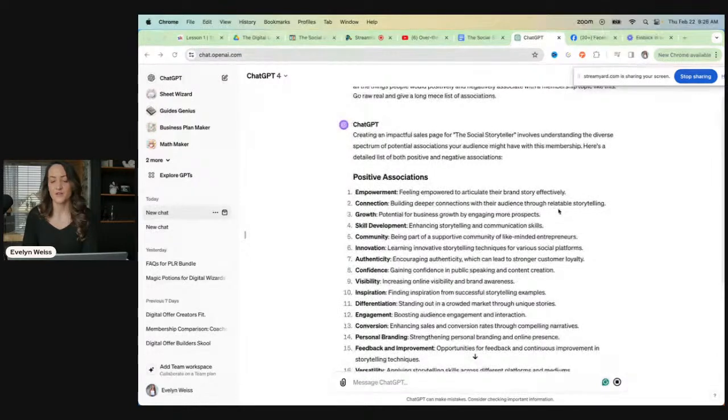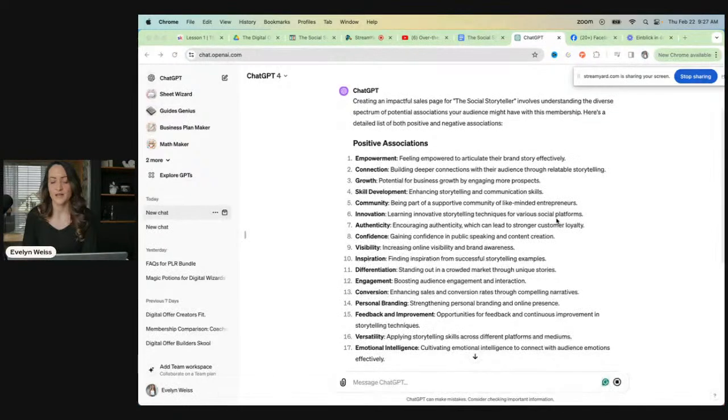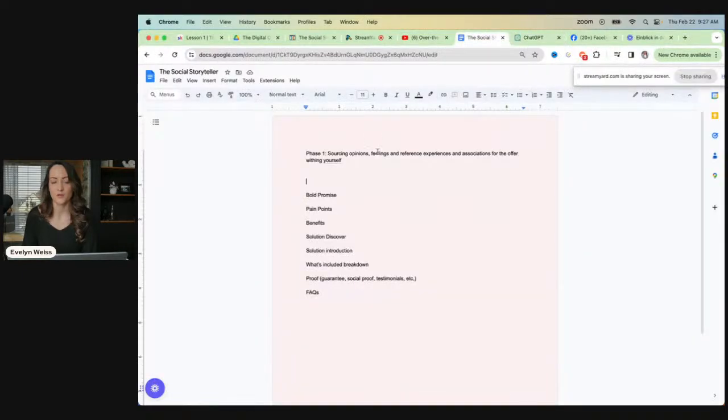Empowerment, feeling empowered to articulate their brand story effectively. Connection, building deeper connection with the audience through relatable storytelling. Growth, potential for business growth by engaging more prospects. Enhancing storytelling and communication skills. I think enhancing communication skills feels important to me.